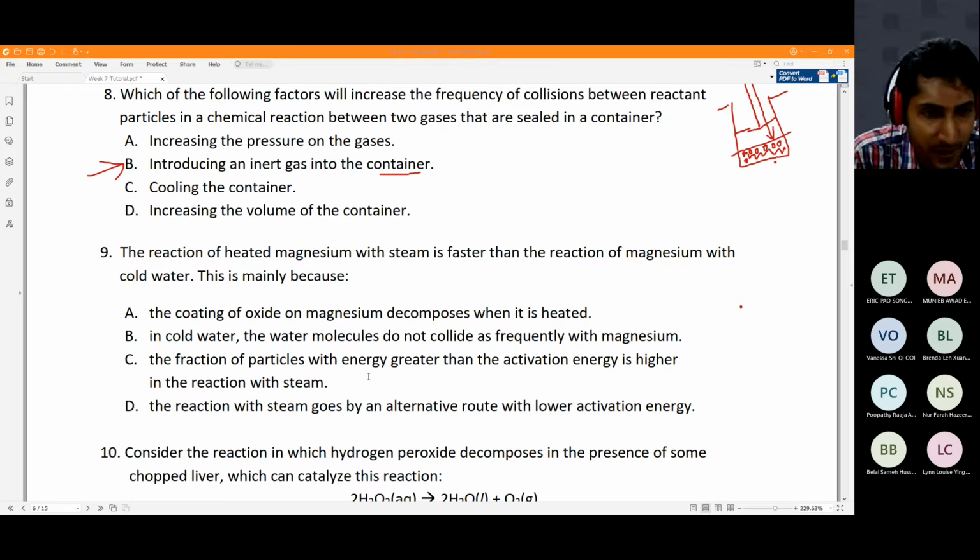Okay, the question is the reaction of heated magnesium with steam is faster than the reaction of magnesium with cold water. No, the magnesium oxide will be formed when it is a hot environment. So magnesium oxide will be formed on the surface of magnesium.